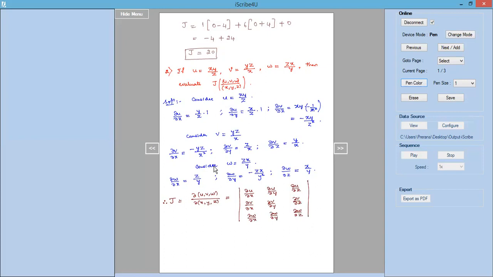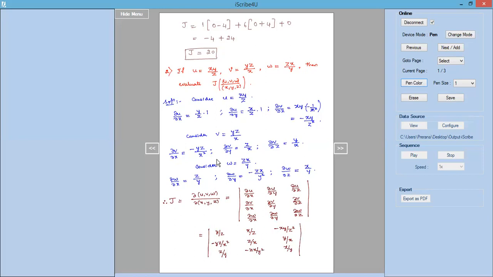Now we will substitute the partial derivatives. I will expand the determinant later. So this in turn is equal to: first row y by z, x by z, minus xy divided by z square. Second row minus yz divided by x square, z by x, y by x. Third row z by y, minus zx divided by y square and x by y, under a 3 cross 3 determinant.